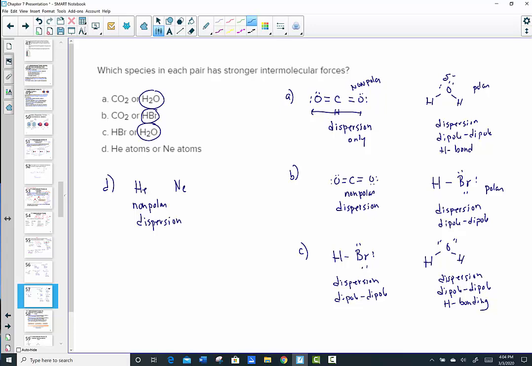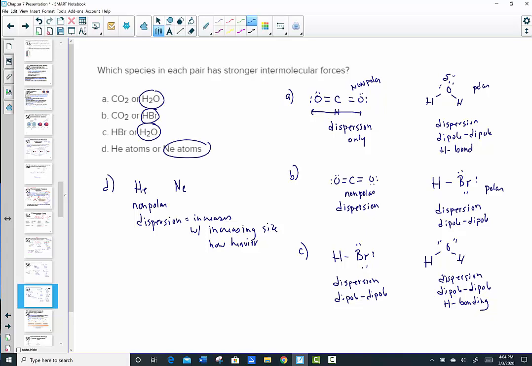Remember, the dispersion force increases with increasing molar mass. And I could just say increasing size or how heavy it is. The heavier molecules, the bigger the atoms, the greater the intermolecular attractions.